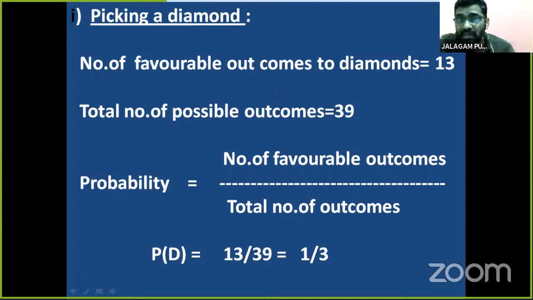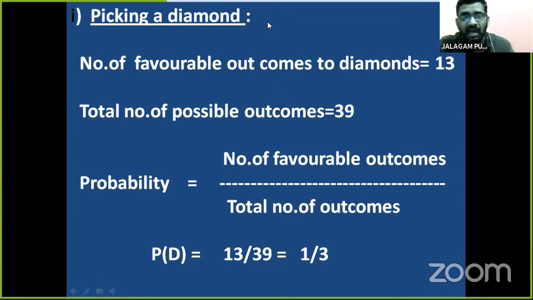Think why? Because already all hearts are removed from the deck of cards. That's why 39 cards are there. That's why the possible outcomes are how many? Yes, 39.